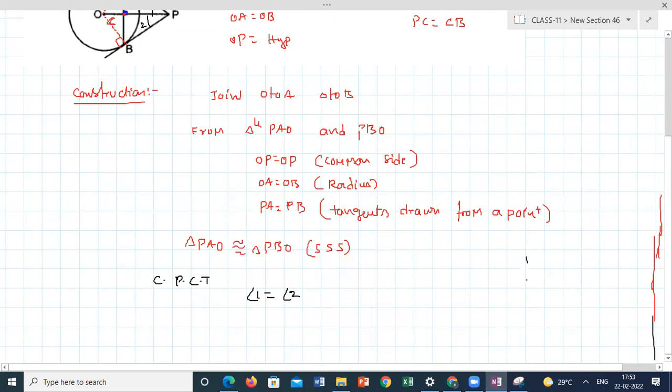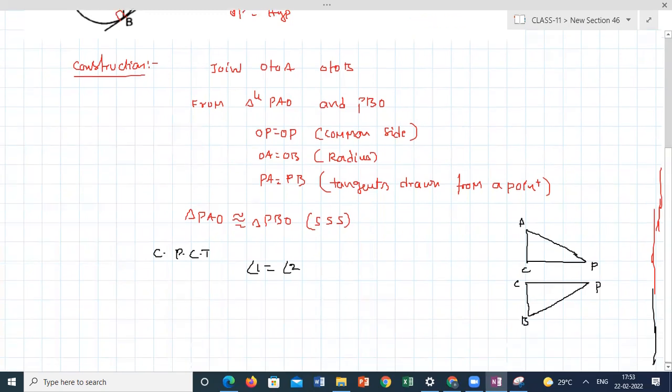Again, you take the triangles. These two triangles I am taking now. This is PAC and this is PCB. So from these two triangles, what I'm trying to say is angle 1 is equal to angle 2, proved in the above situation.